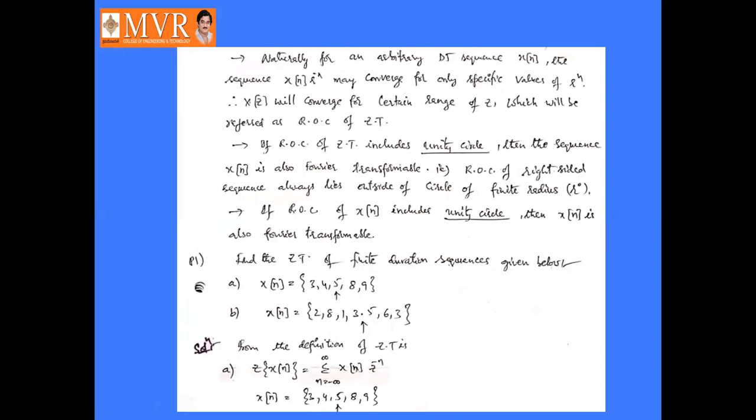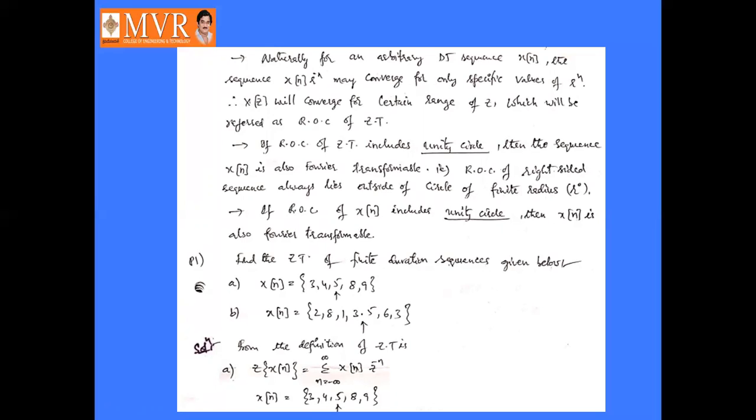Naturally, for an arbitrary discrete time sequence x of n, the sequence x of n into r power minus n may converge only for specific values of r. Therefore, X of z will converge for a certain range of z, which is referred to as the ROC, the range of values of z for which sigma n equal to minus infinity to infinity x of n into z power minus n approaches a finite value. That is called the ROC, or region of convergence.